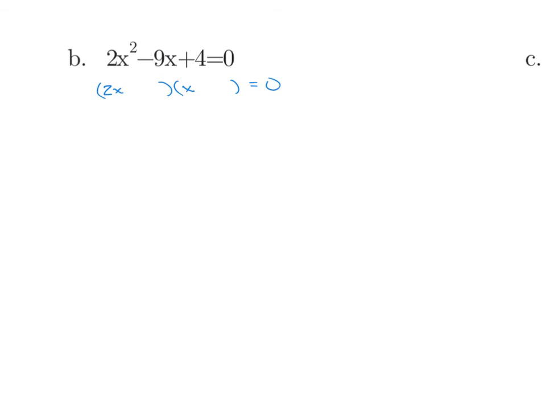We want to go with 1 and 4. 4 cannot go with 2x, so I'm going to put the 4 in the second set and 1 in the first set. We do still have same signs, and both are negative.